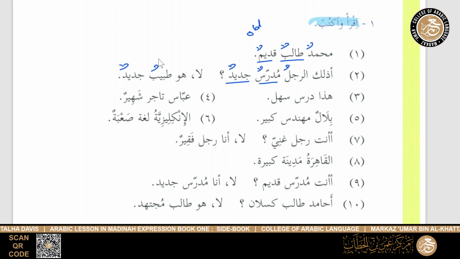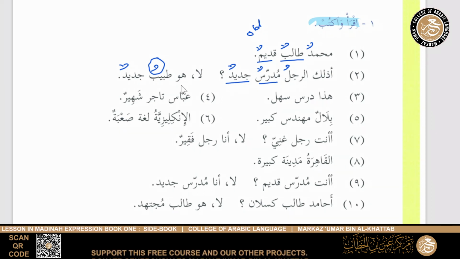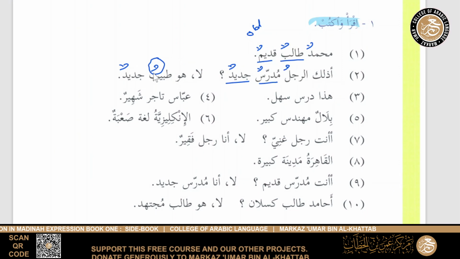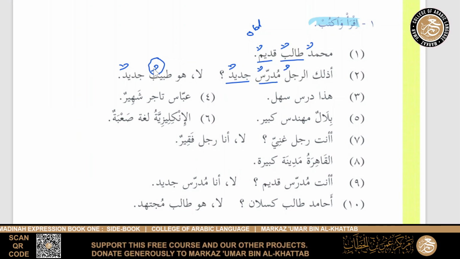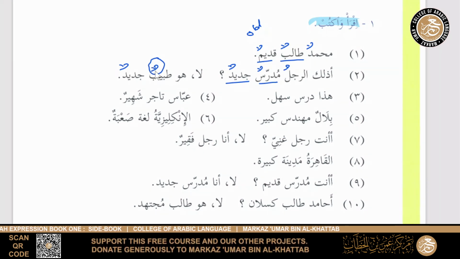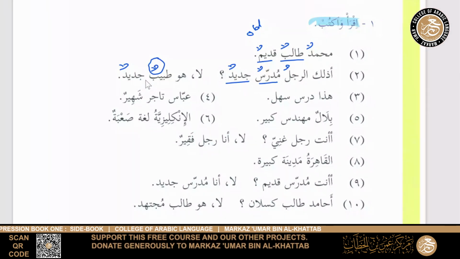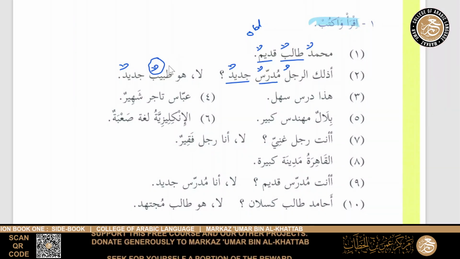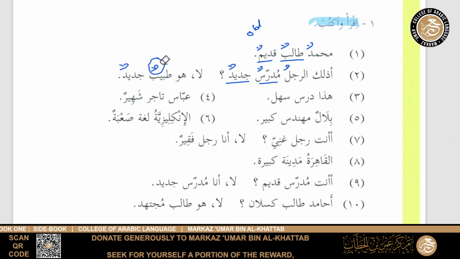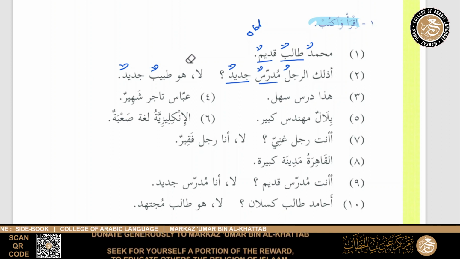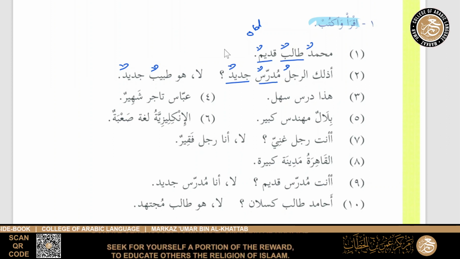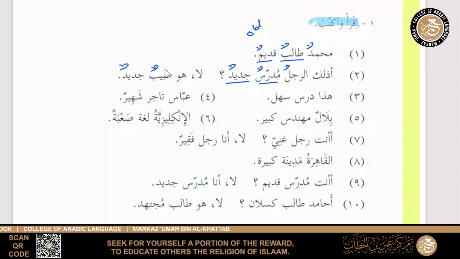Okay, so why does it have one dhamma? Because before it is a dhammatan. Two dhammas. So it should be لا هو طبيب جديد. Why should it be two dhammas? Because it's a noun, it's ism.